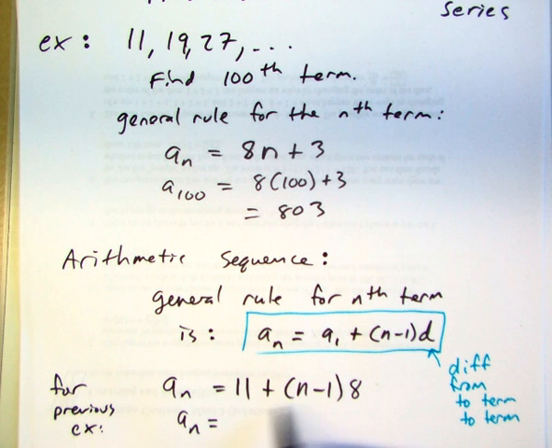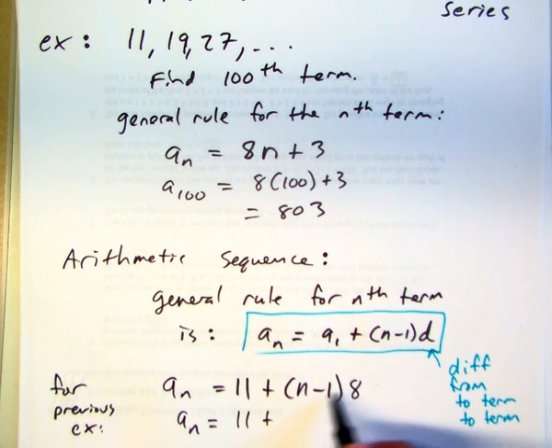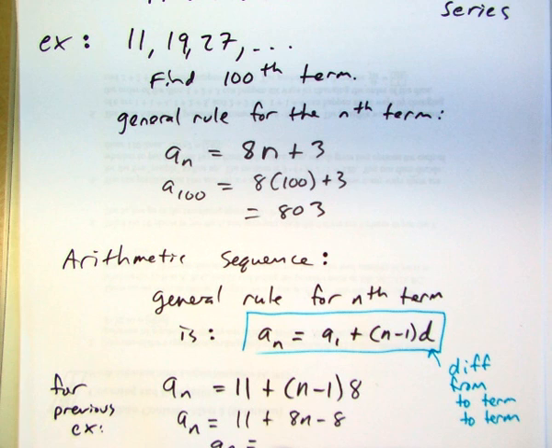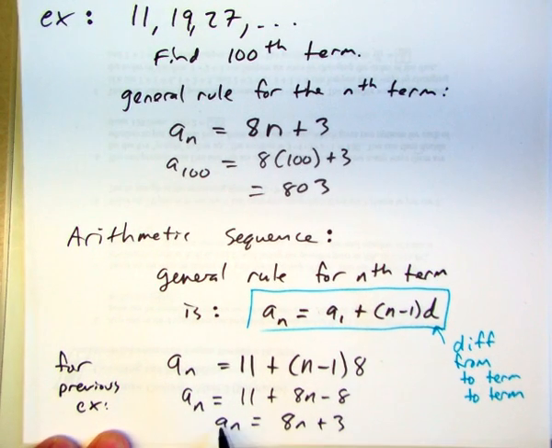Now if you distribute the 8 to get 8n minus 8 and combine like terms, you get the same exact rule, that the nth term is 8n plus 3. Okay?